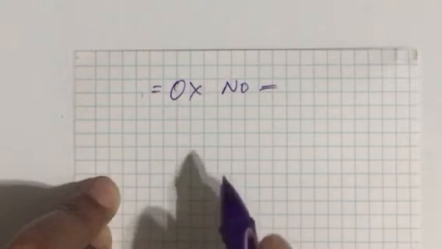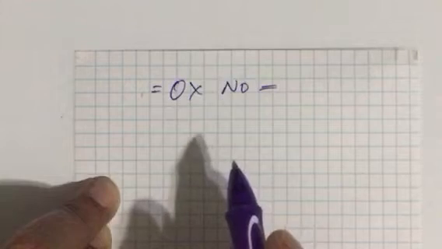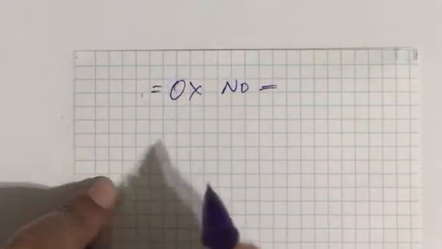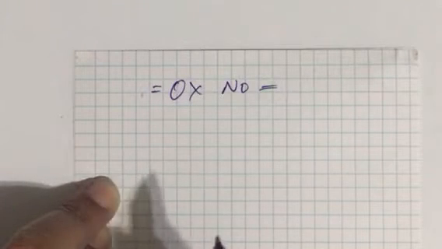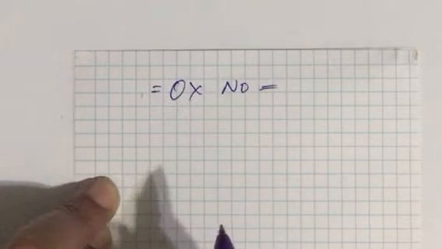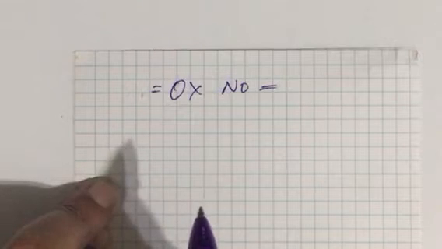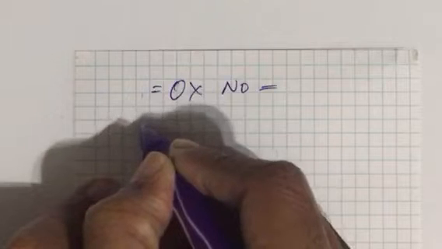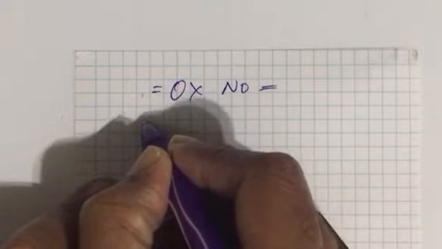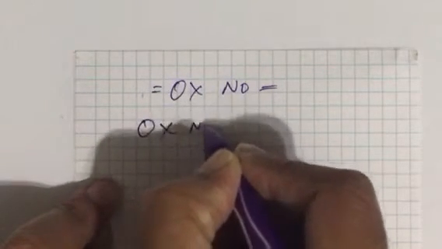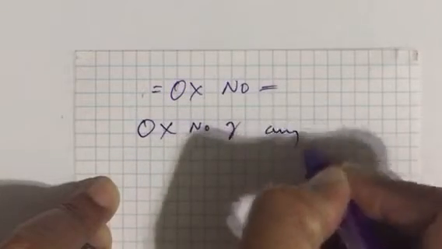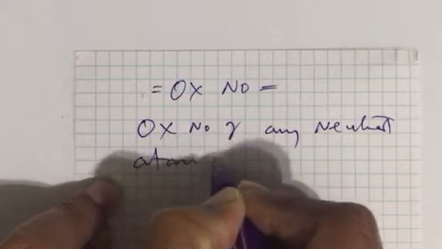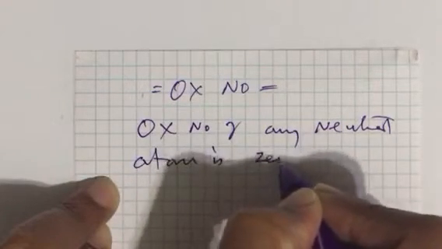Now, the oxidation number is a charge assigned to a particular atom or ion or a molecule in a chemical species. Oxidation number of any neutral atom is taken as 0.